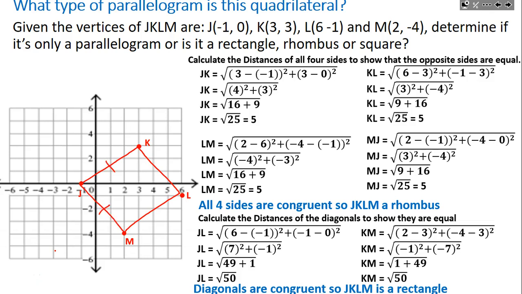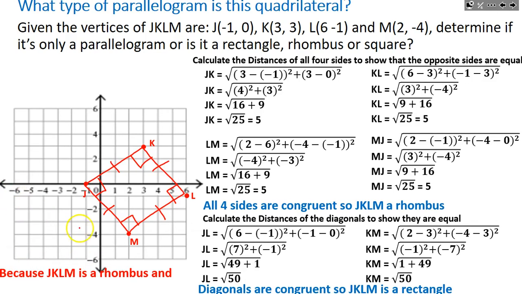So what we know is that all four sides are congruent, right? And we also know that all four angles are congruent. They're all right angles, right? So because JKLM is a rhombus and a rectangle, JKLM is a square.